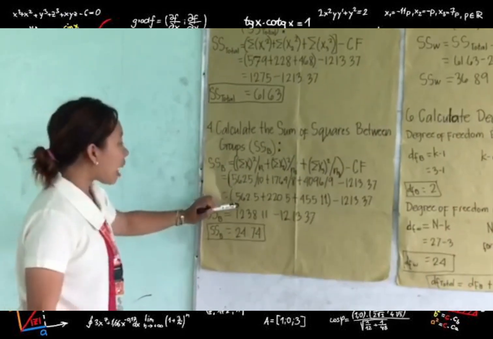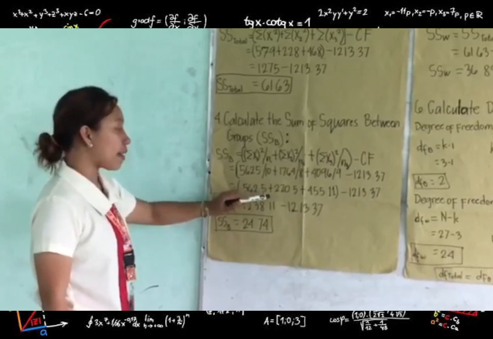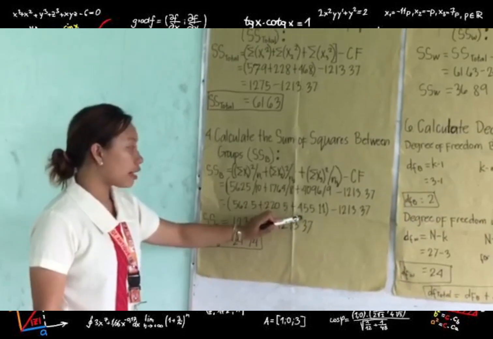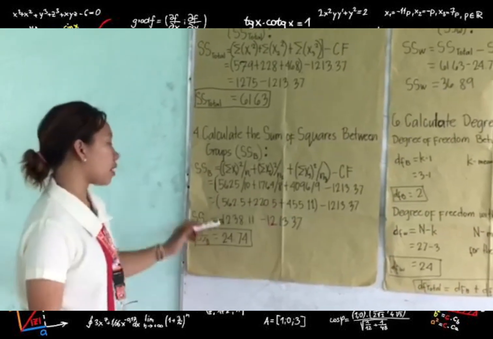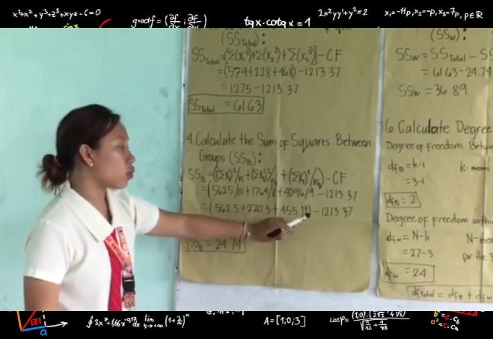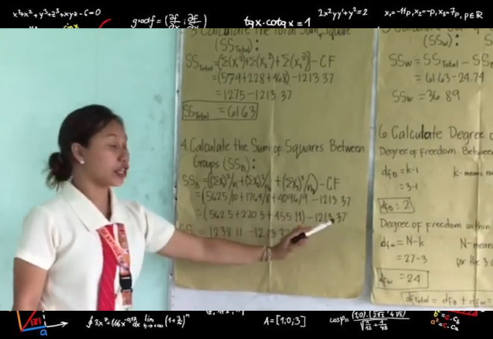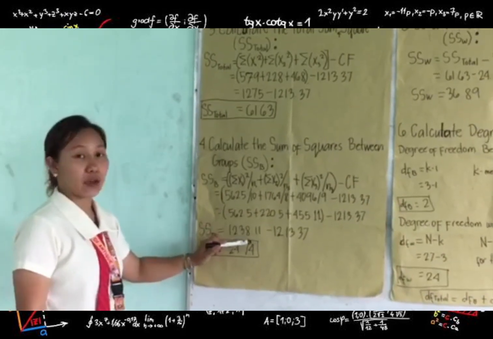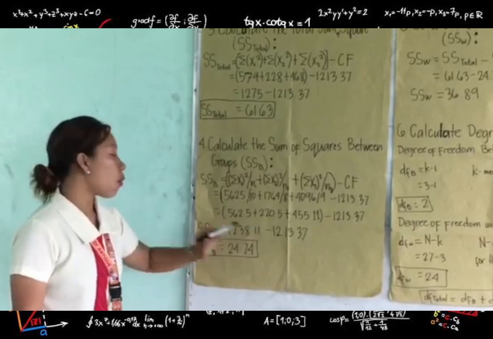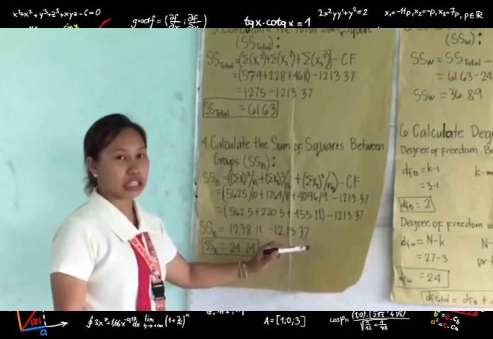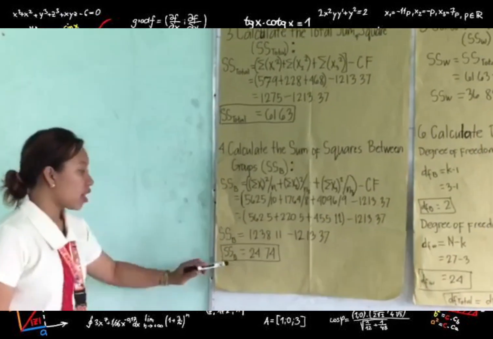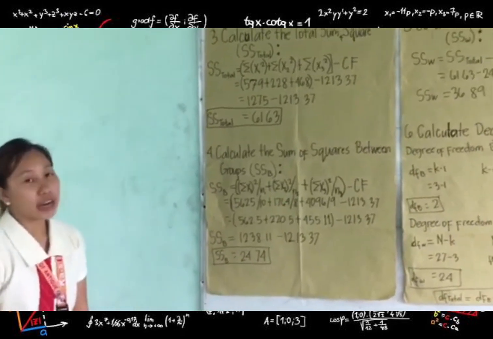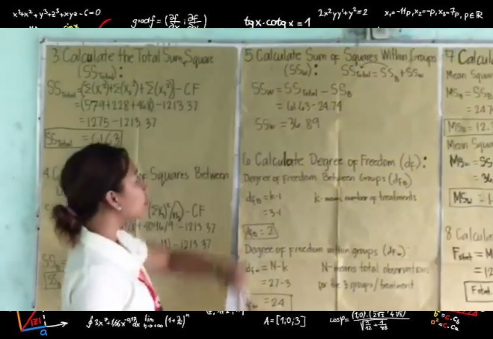That is 562.5 plus 220.5 plus 455.11, which equals 1,238.11, minus 1,213.37. And our SSB equals 24.74.